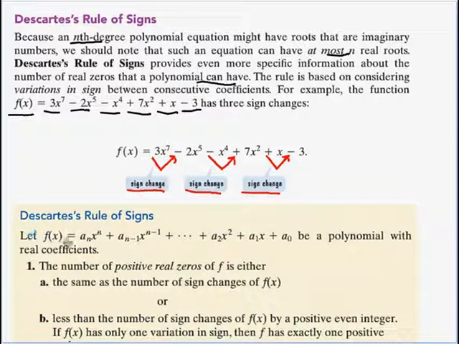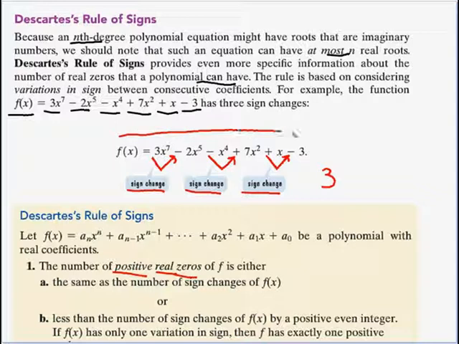Descartes' rule of signs. Here is our polynomial, a polynomial with real coefficients. The number of positive real zeros of the function is either the same as the number of sign changes or less than the number of sign changes of f of x by a positive even integer. So here we had 3 sign changes.